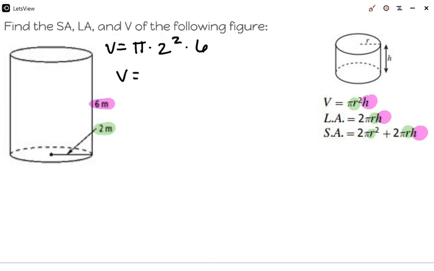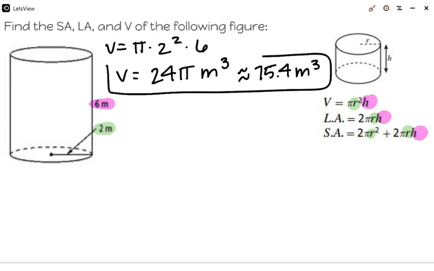I like to leave things in terms of pi, so I would just go ahead and multiply these coefficients. 2 squared is 4 times 6 gives us 24 pi meters cubed, remember for volume. If you did really want to put this into a calculator or you needed a decimal, it would be approximately 75.4 meters cubed, but I prefer things left in terms of pi.